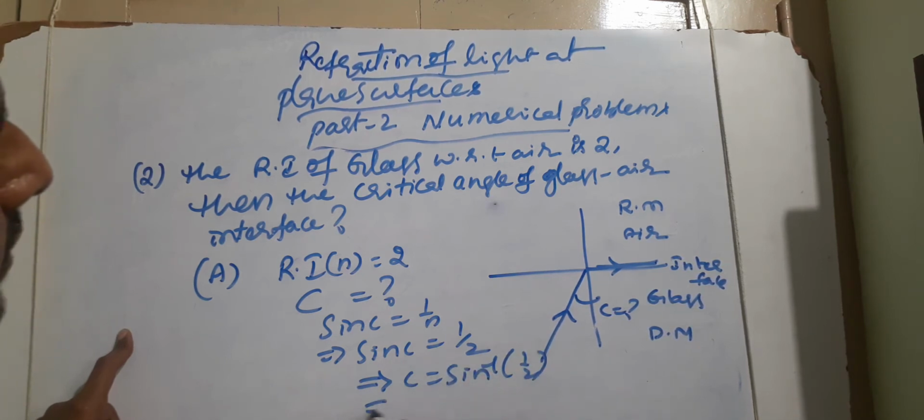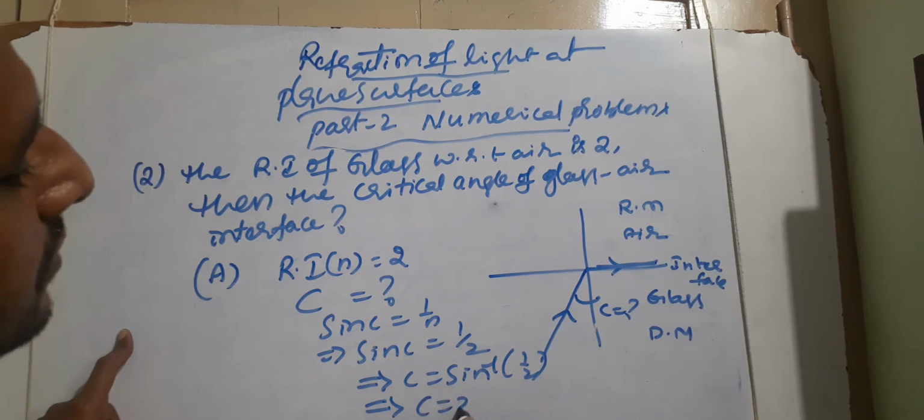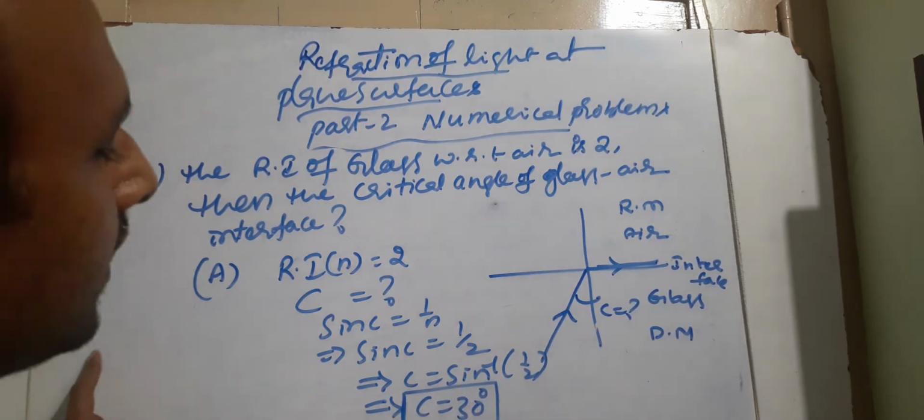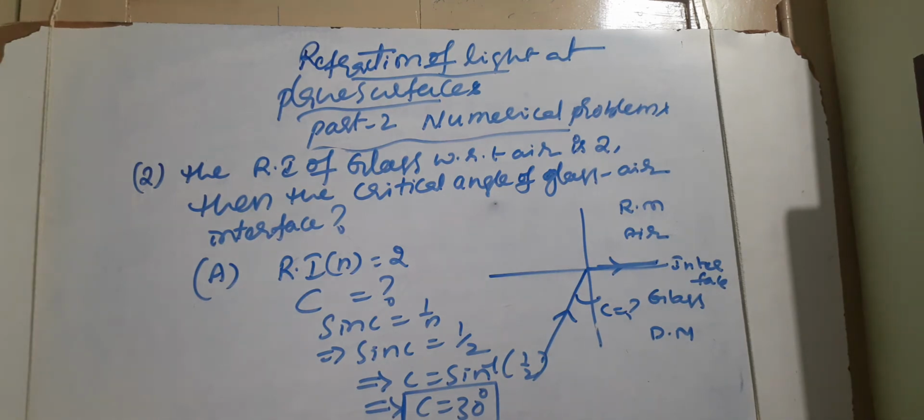But you know sin inverse of 1 by 2 is equal to 30 degrees. You can find this from logarithm tables or trigonometry topics. So sin C equals 1 by n is the formula for critical angle, students. You can learn the derivation of the formula for critical angle from the previous videos.